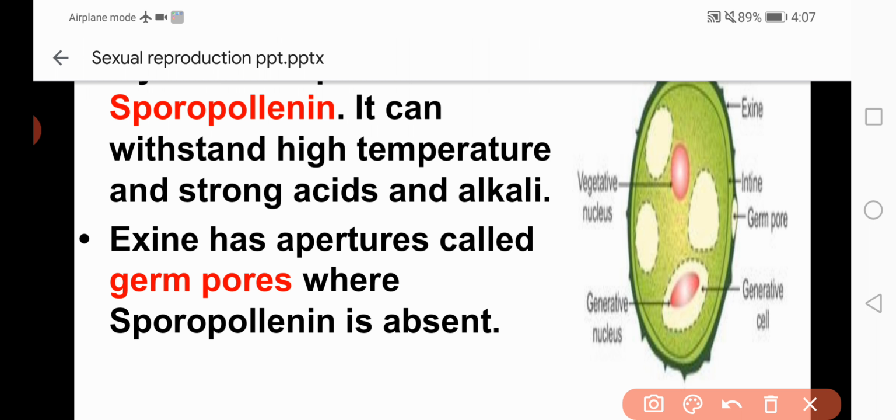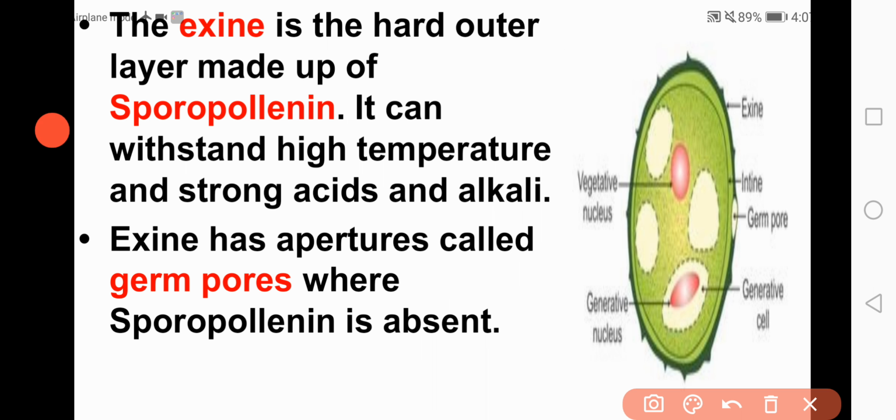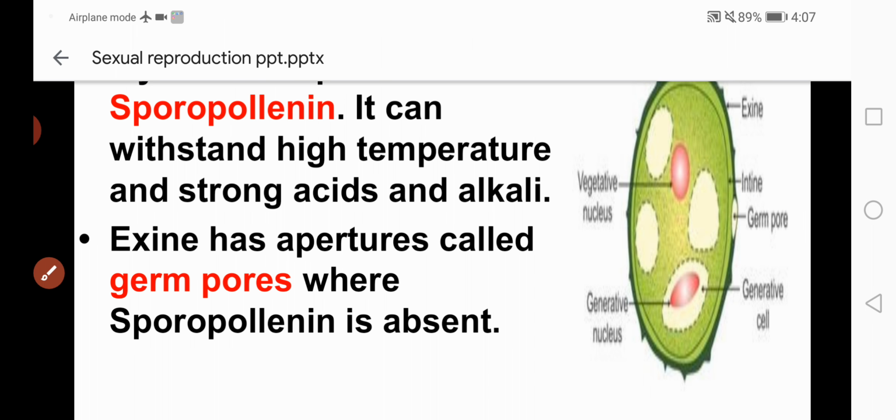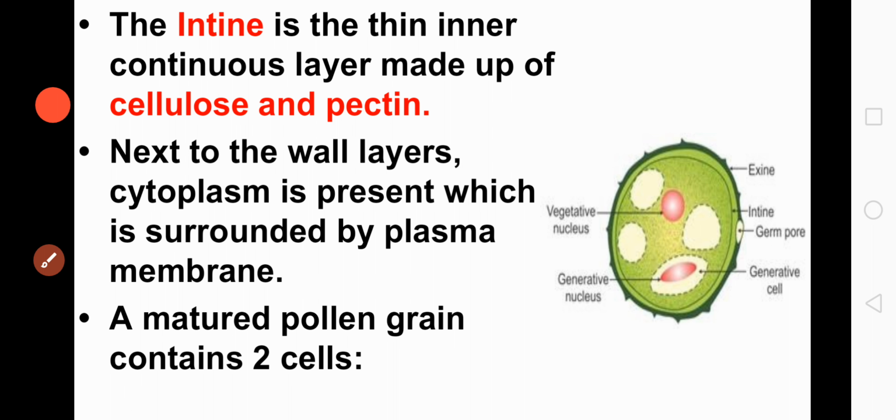So, this is the outer layer called the exine, which is made up of sporopollenin. At some places the sporopollenin is absent and that area remains thin walled, which is called the germ pore. And during germination, a germ tube is formed through this germ pore. Clear? Now, coming to the inner wall layer.